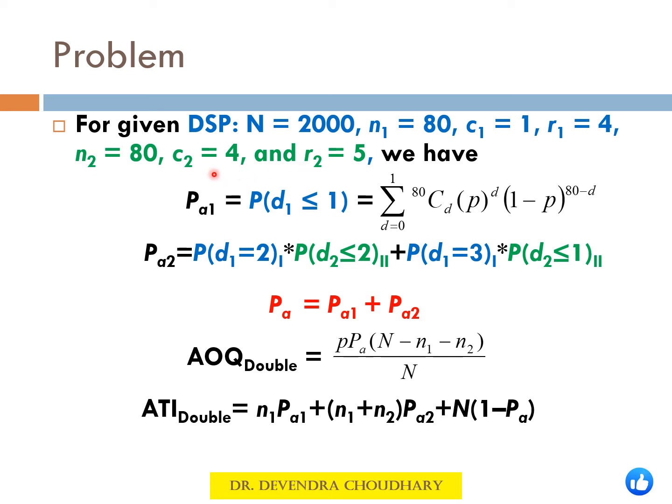So when we continue the sampling after first sample, when number of defectives found in the samples are more than 1 and less than or equal to 4, there can be 2 conditions that you get number of defectives in first sample equal to 2 and 3.